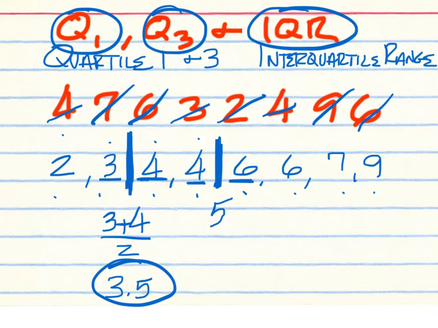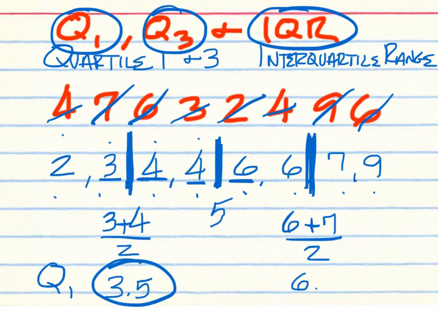Do the same thing on the right side to find Q3. 6, 6, 7, and 9. 4 numbers. Here's the midway point. 6 plus 7 divided by 2 will be 6.5. And that is Q3.